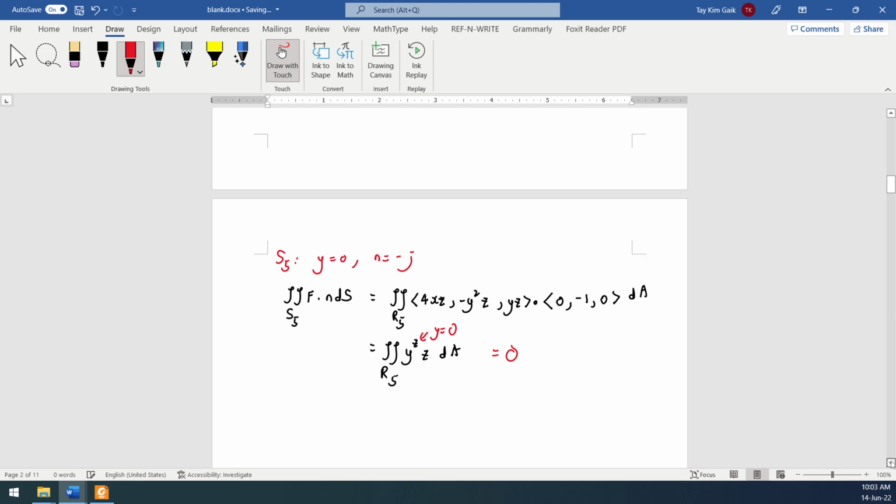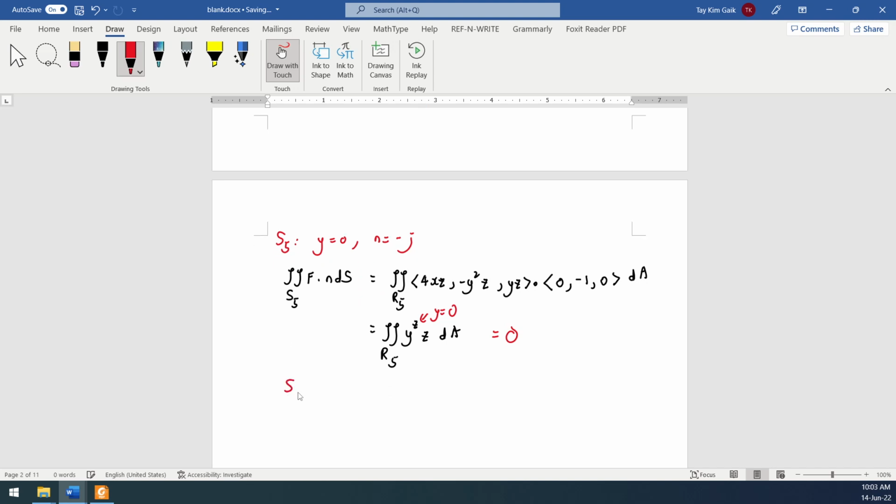Okay, let's look at the surface S number 6. Okay, S6, y equal to 1. So the unit normal vector n is positive j. Then the flux integral F dot n dS across surface S6. So you have 4xz i minus y squared z j plus yz k dot with 0i plus 1j plus 0k dA over region R6.